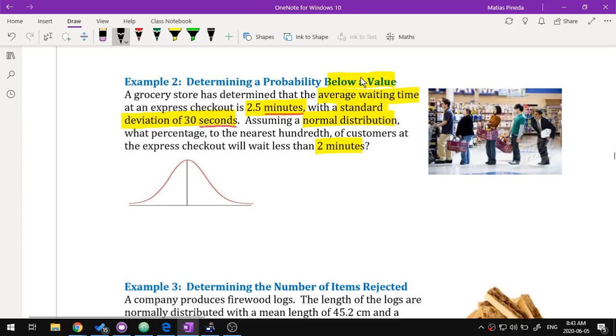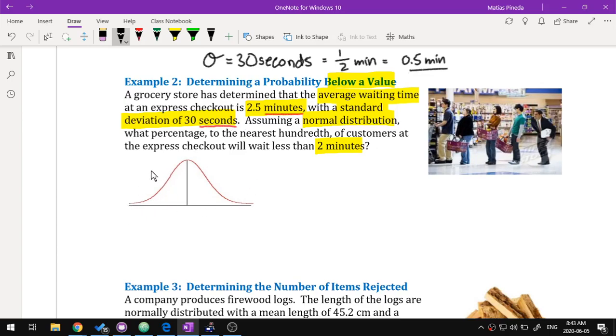So we're going to start by converting the standard deviation of 30 seconds to minutes. So 30 seconds is half a minute, and 1/2, if it's divided, we get 0.5 minutes. And then we can move on and look at the normal curve here.